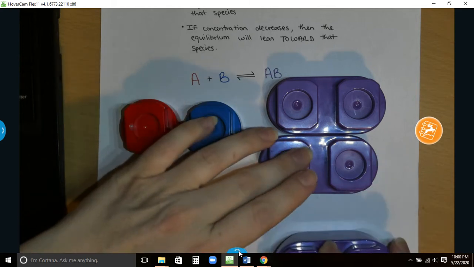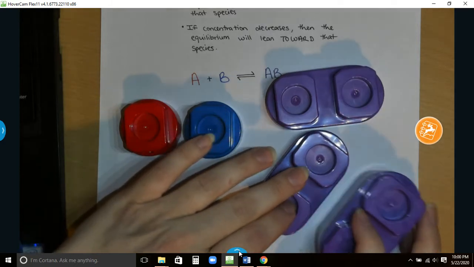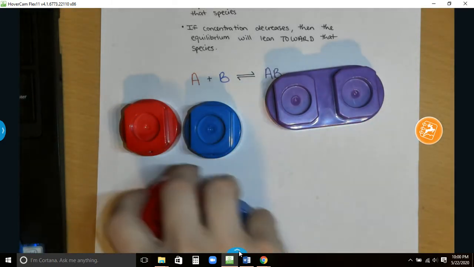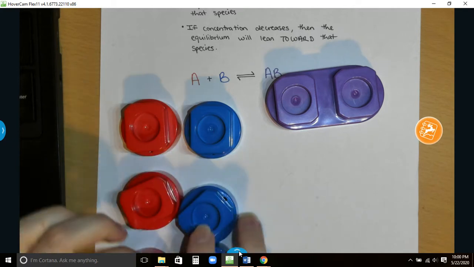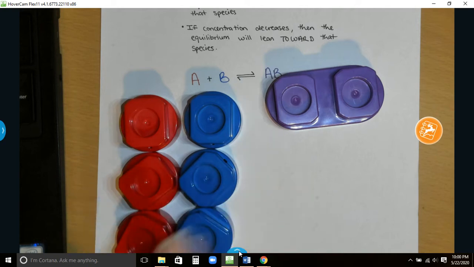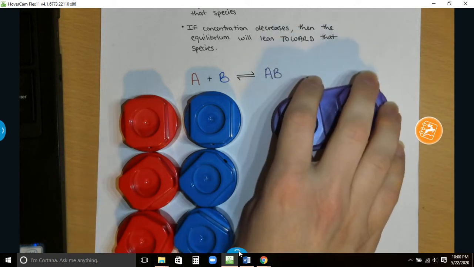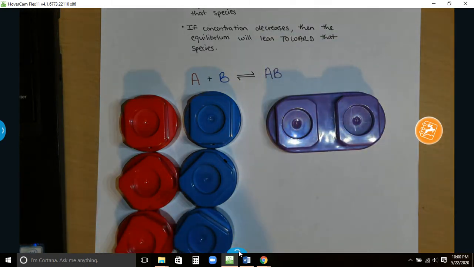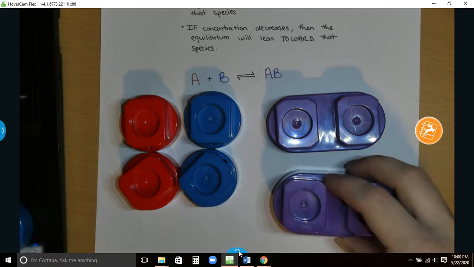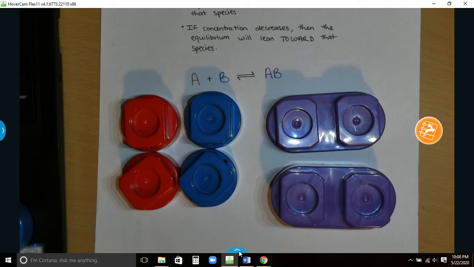And as two purple AB blocks collide together, we would expect that two individual A's and B's would also form. And this process would keep going back and forth.